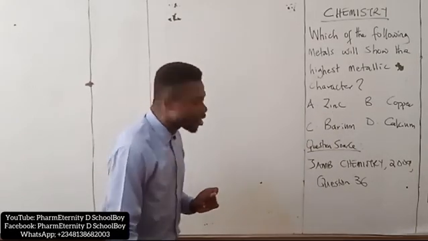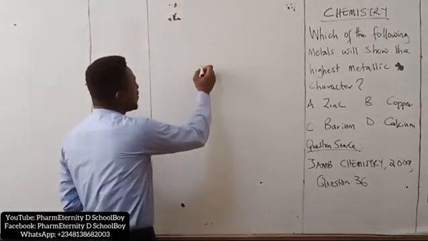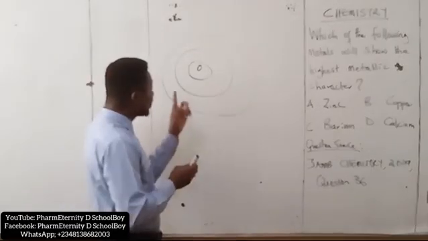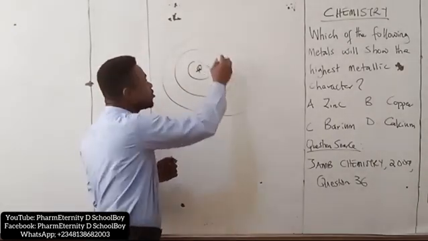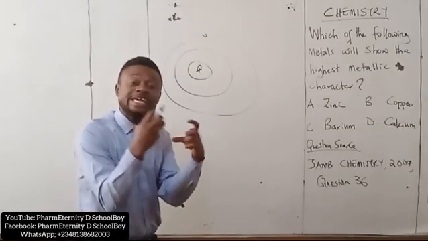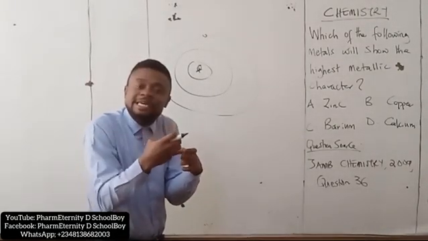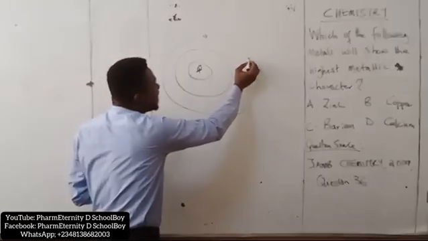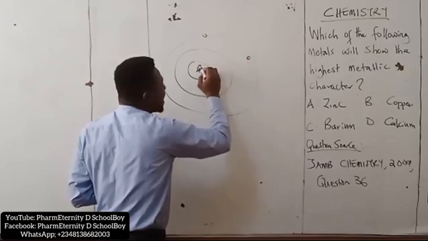Now, if you go down the group, remember, we have different shells. The proton is in the center and the electrons revolve around. Actually, what keeps the atomic structure in that form is the attraction between the electrons in the outermost shell or shells and the protons inside.